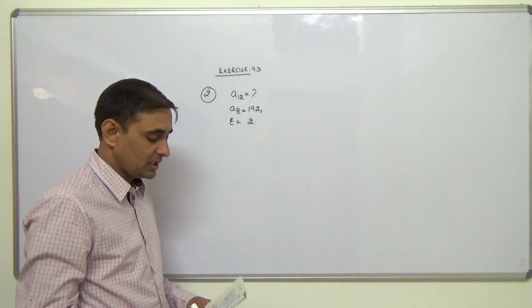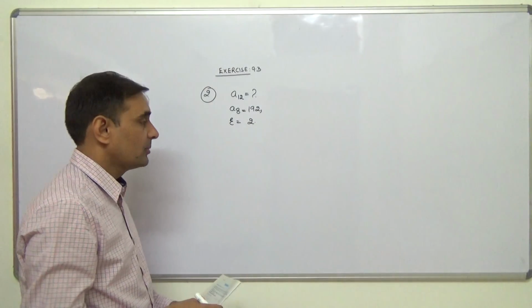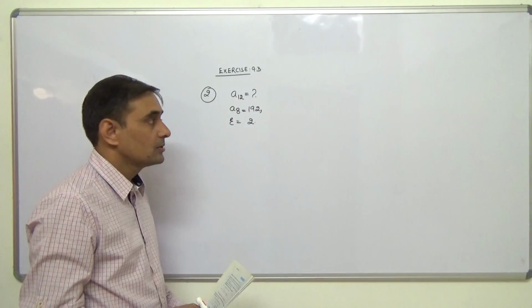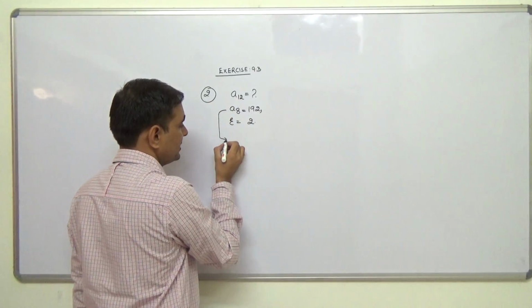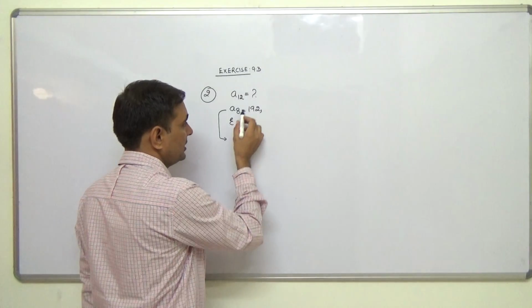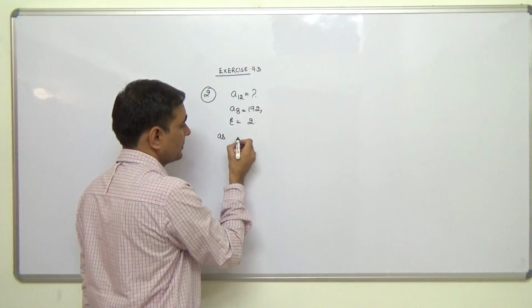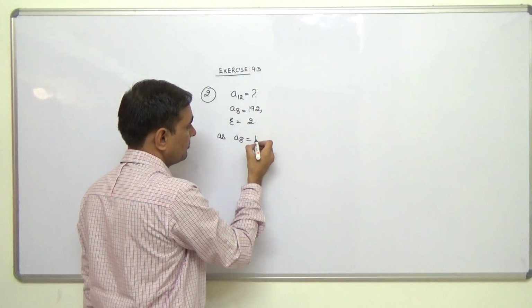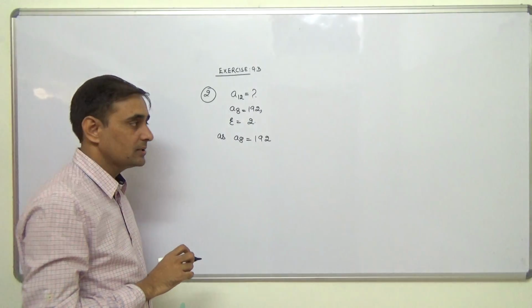To find any term we need two things, first term and common ratio. Common ratio is already given, so we will find the first term. A8 is given as 192, and what will be the formula for A8?